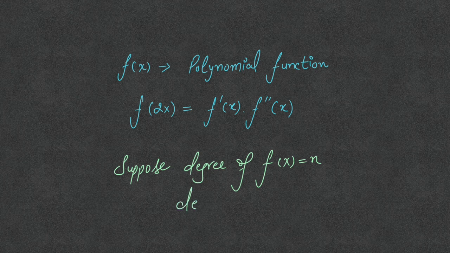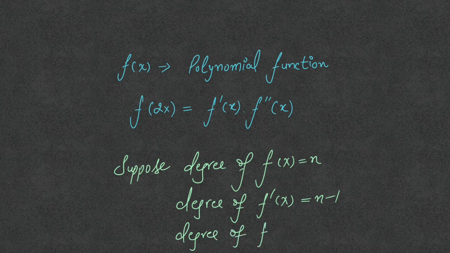This means the degree of f dash of x is equal to n minus 1, and similarly the degree of f double dash of x is equal to n minus 2.